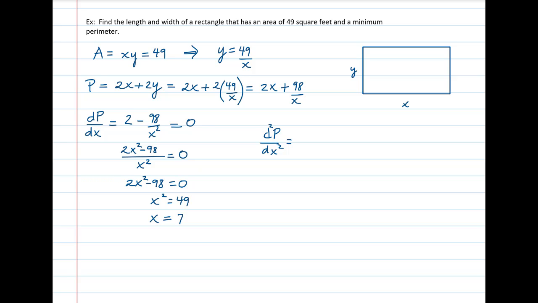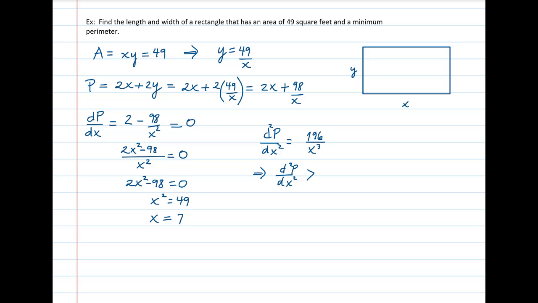We first have to find the second derivative, and I already have my first derivative. So the second derivative is equal to the derivative of 2, which is just 0, and the derivative of 98 over x squared. It has a negative in front, but when you do the derivative, you bring a negative 2 to the front. So those negatives cancel out, and it comes out to be 196 over x cubed.